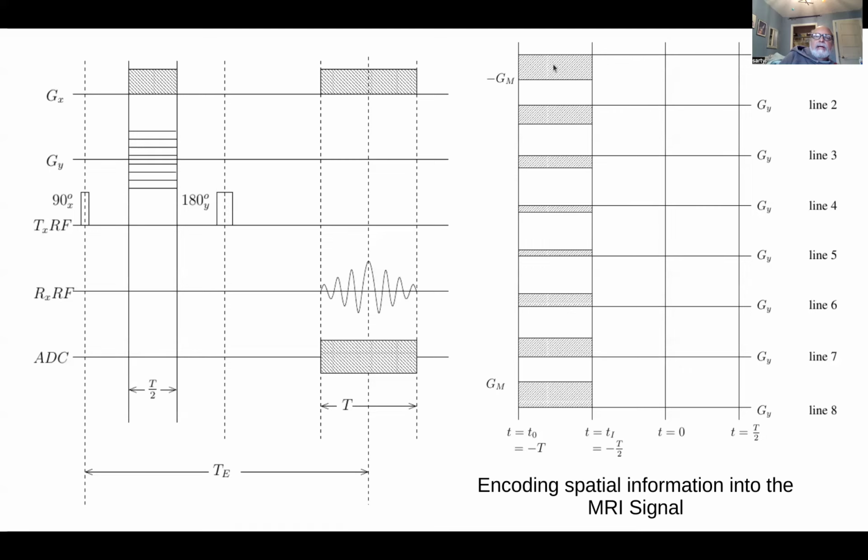So the first TR, you'd have a large negative gradient, and then it gets less and less and less. And then you'll switch to positive gradient values, and then it'll get more and more and more with each TR. Okay, so the bottom line here is the Y gradient is used for phase encoding, and the X gradient is used for frequency encoding. So what's frequency encoding and phase encoding? Let's take a look at that.